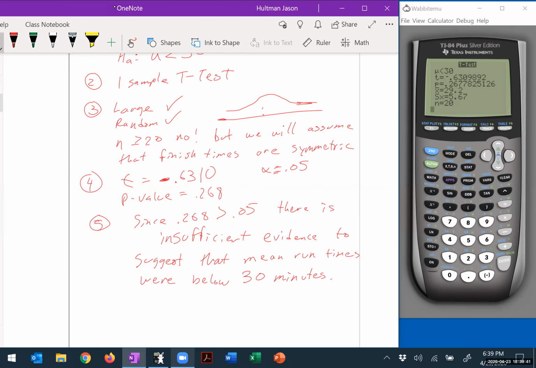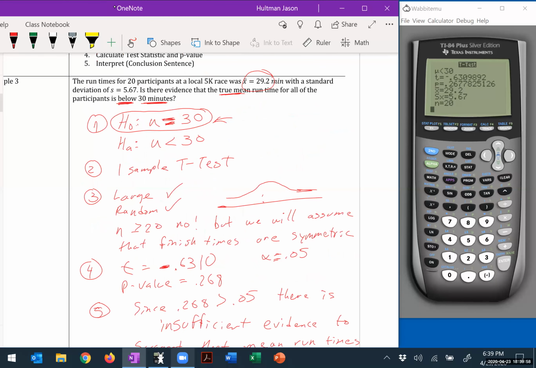I have a question. Sure. Why are we not using 30? Why do we use the 0.05? Oh, that's my significance level that I'm testing my p-value against.